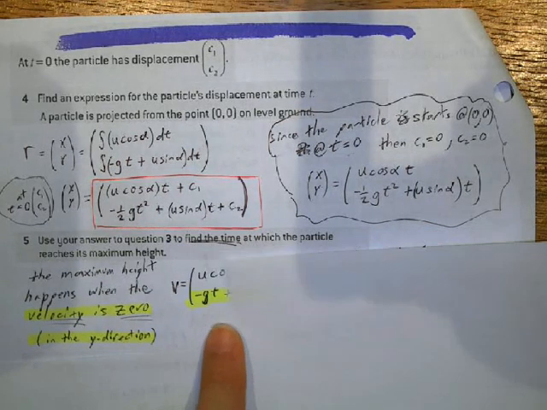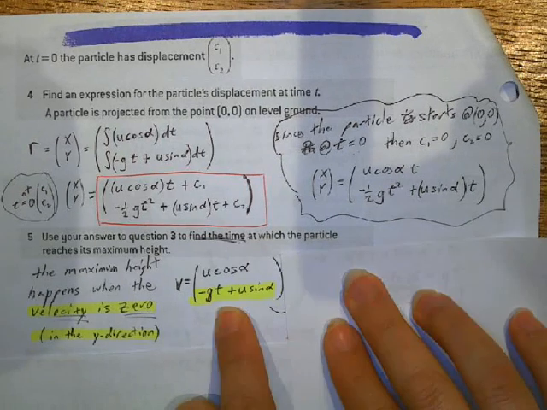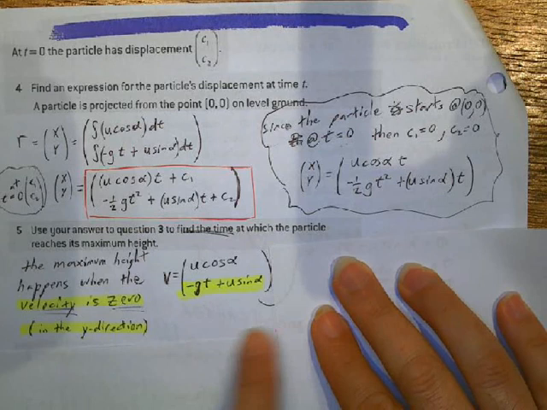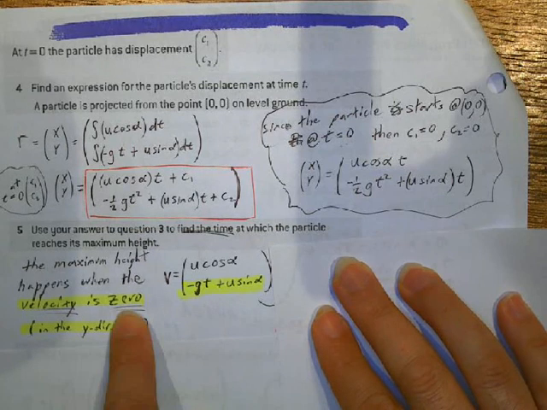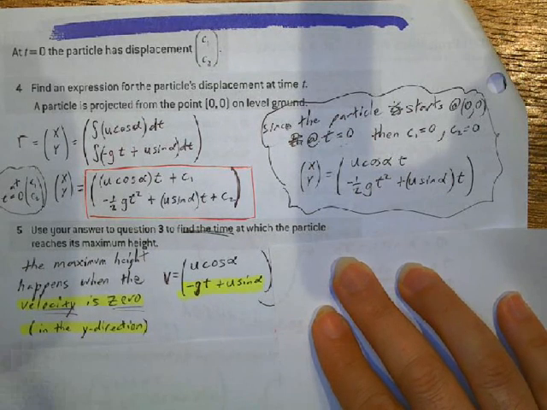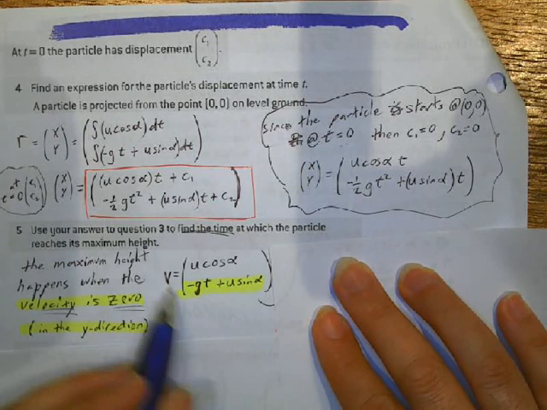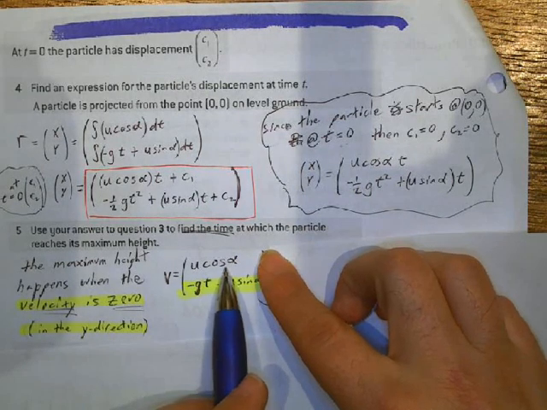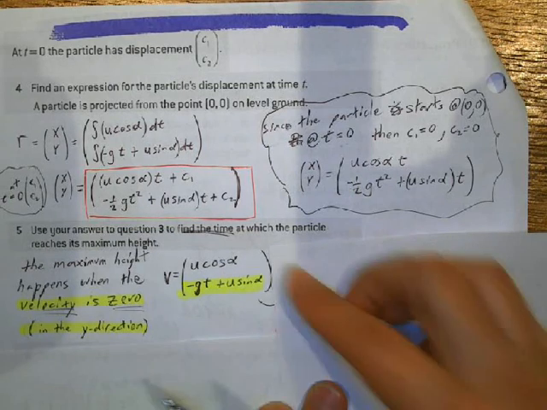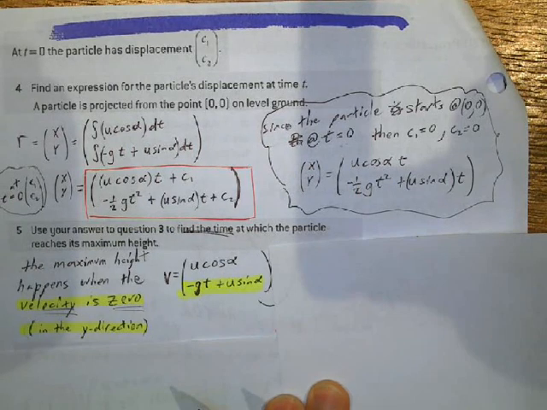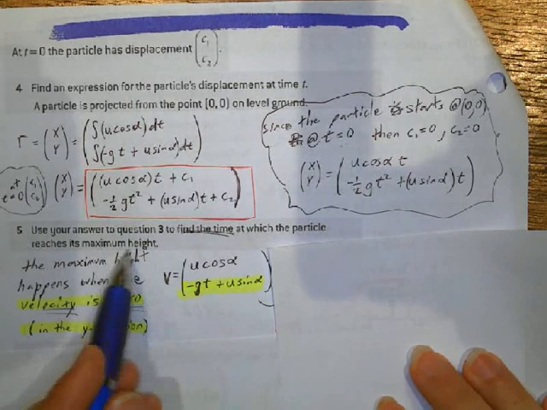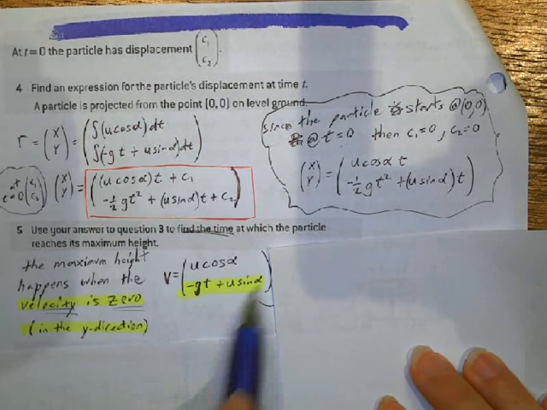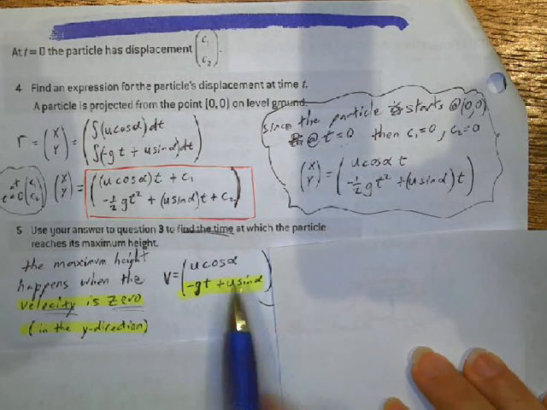Okay, so here's my velocity vector from the previous page. And if the velocity is 0, I'm going to make my y component equal to 0. The x component doesn't affect when I'm at a maximum height. The only thing affecting height is the y component. So when the velocity is 0, the y component is going to have to be 0.